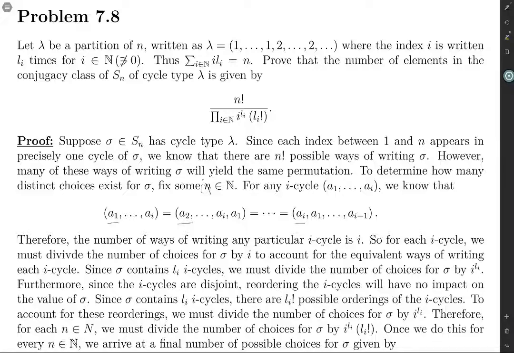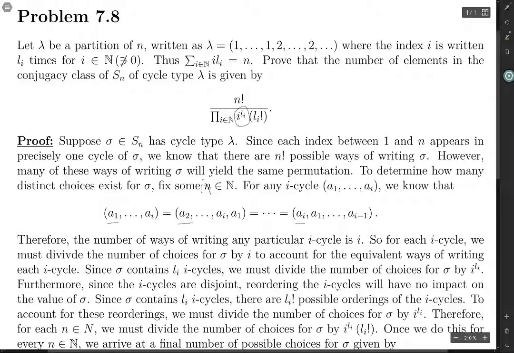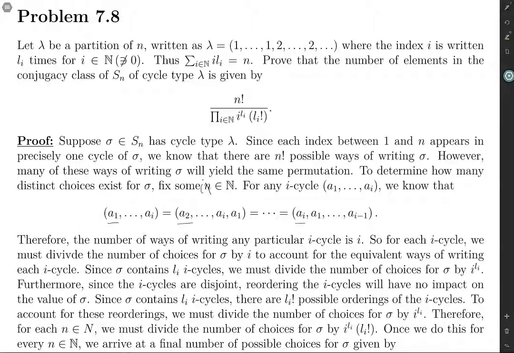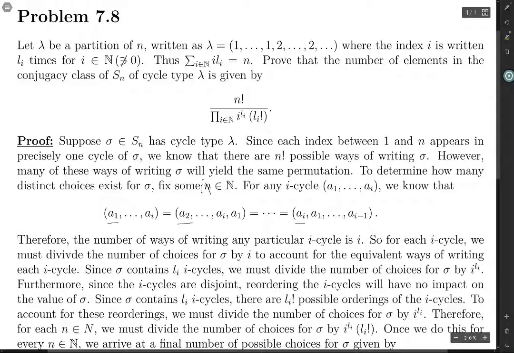And we must do this for every single I. All right, so that's where this part of the formula comes from. Furthermore, since the I cycles are disjoint, reordering these cycles has no impact on the value of sigma. We know that there are Li I cycles, and so there are Li factorial possible ways of reordering these I cycles.